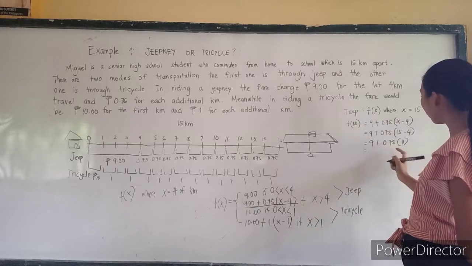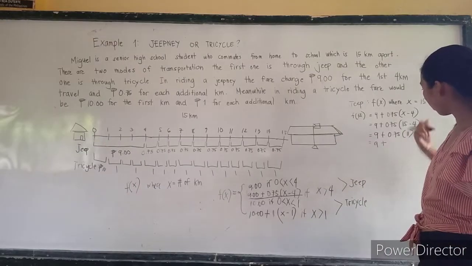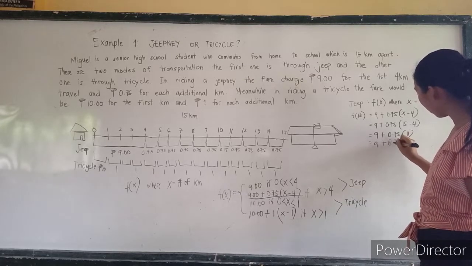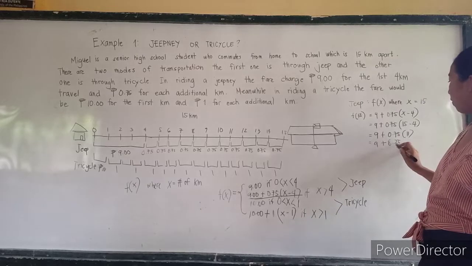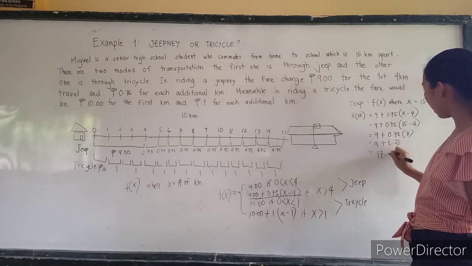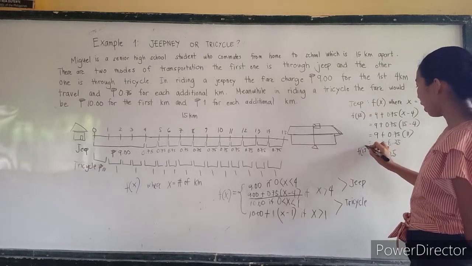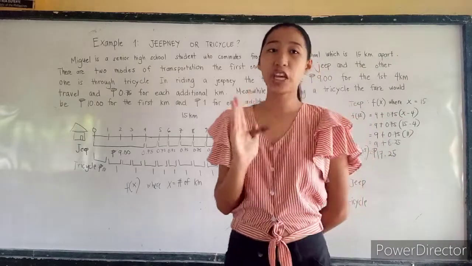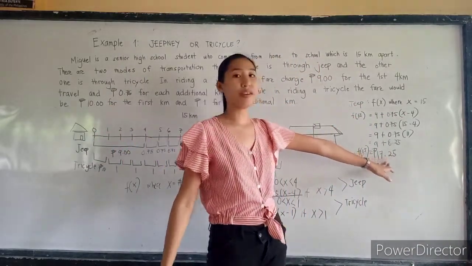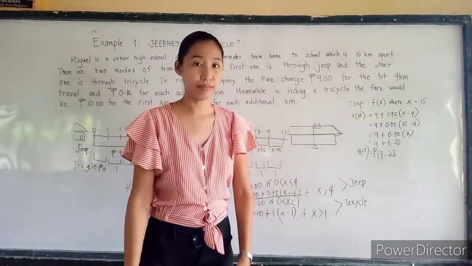Okay? Now remember, multiply first before you add. That is 9 plus 8.25 pesos. 8 pesos and 25 centavos. Then 9 plus 8.25, that is 17.25 pesos. Okay? Therefore, kung mag-jeep si Miguel, makabayad siya og 17.25 pesos gikan sa iyang balay padulong sa iyang eskwelahan.